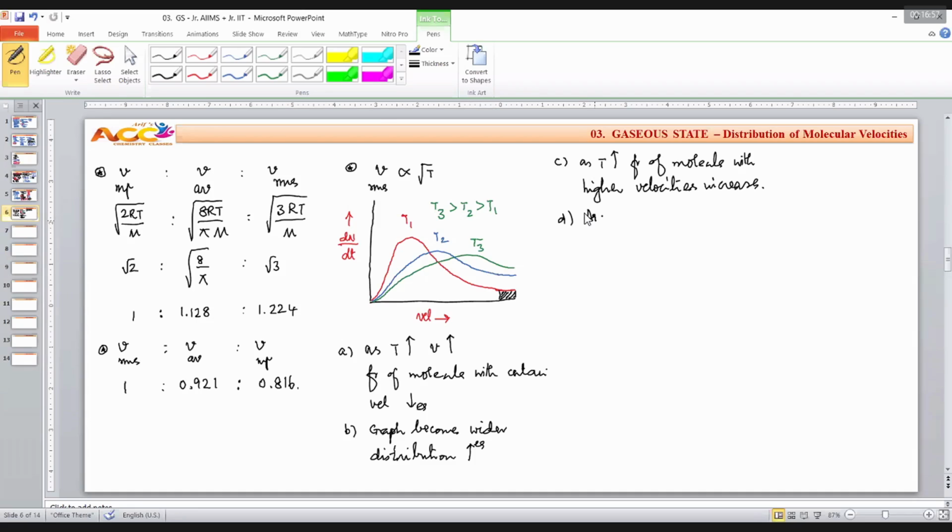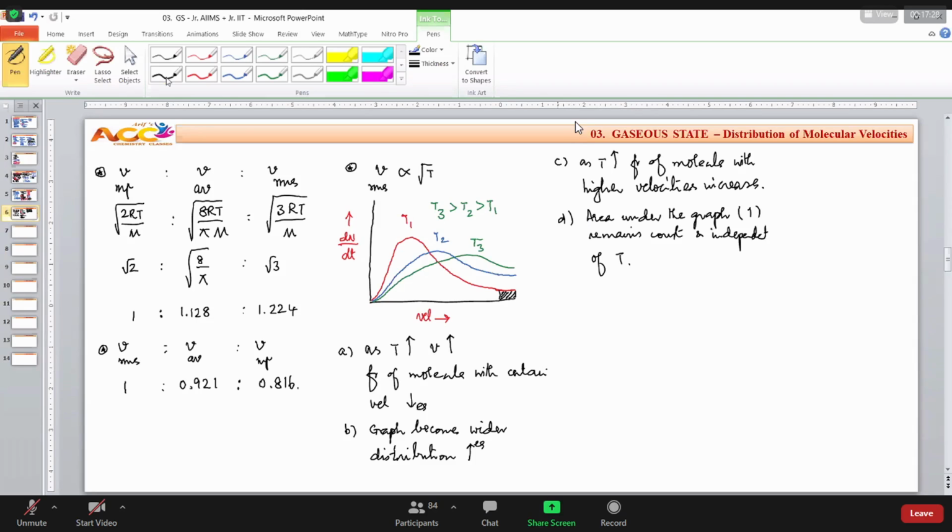The area under the graph is always 1, because the fraction remains constant, independent of temperature.